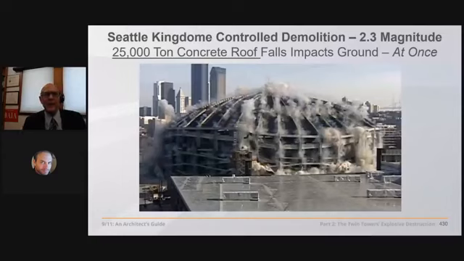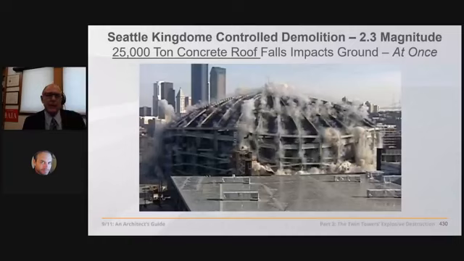Some say, oh, the Seattle Kingdome had a 2.3 magnitude. The tower should have been much greater magnitude. Well, the Seattle Kingdome has a 25,000 ton concrete roof that impacts the ground virtually at once.